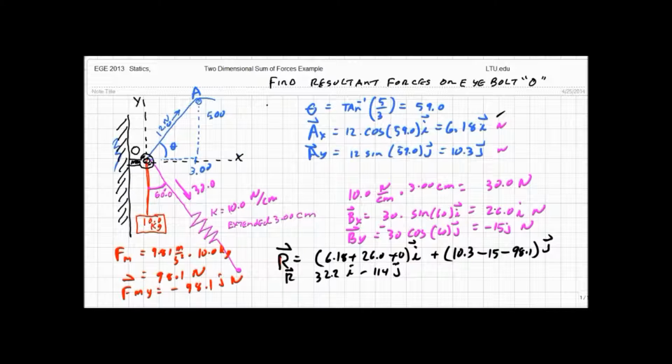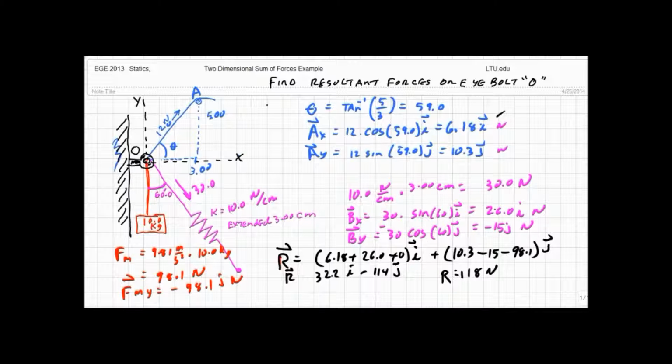Those are vectors. And if I calculate my magnitude R, the scalar magnitude of that resulting force, it's just the square root of 32.2 squared plus 114 squared, and that comes out to 118 newtons.